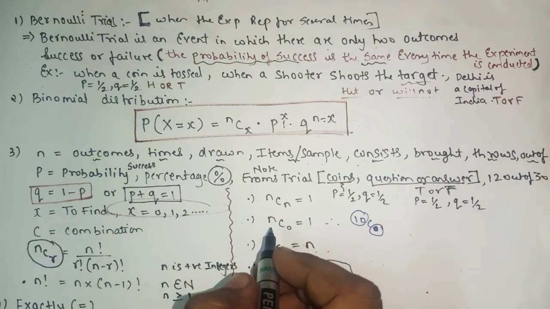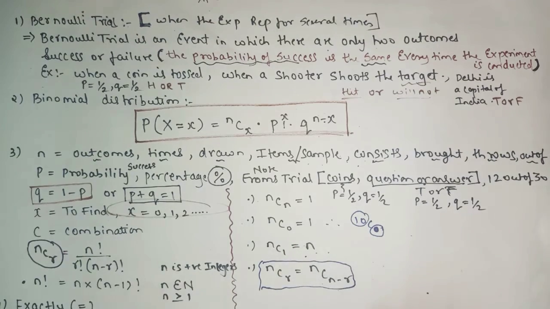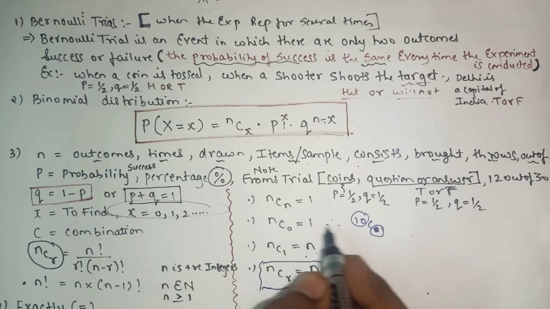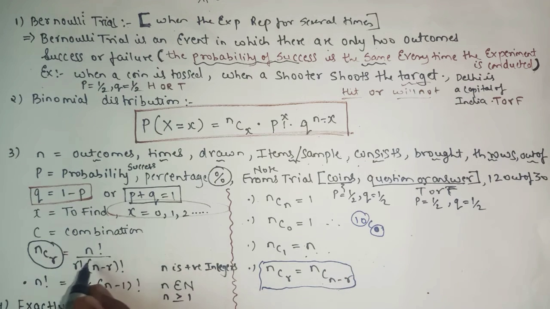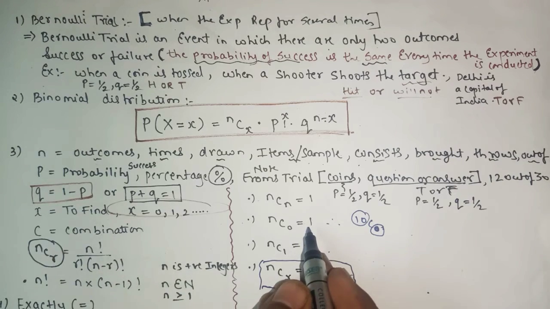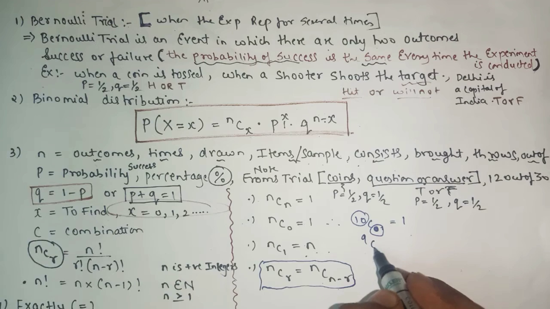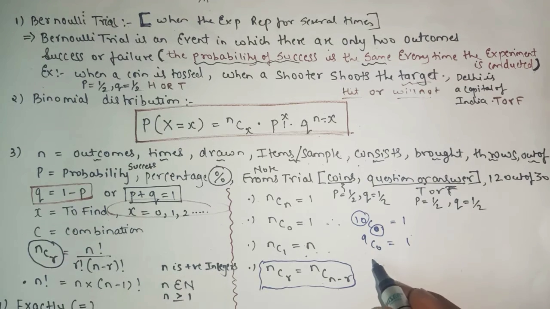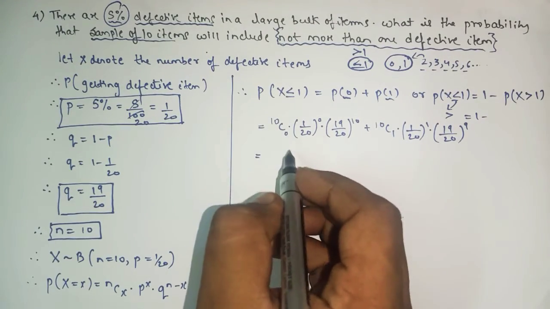Whenever you have to find nC0, the answer will always be 1. Whether it is 9C0 or 8C0, still the answer will be 1.